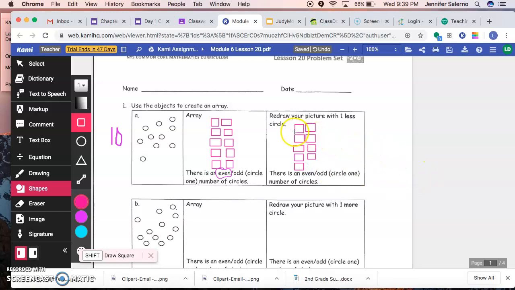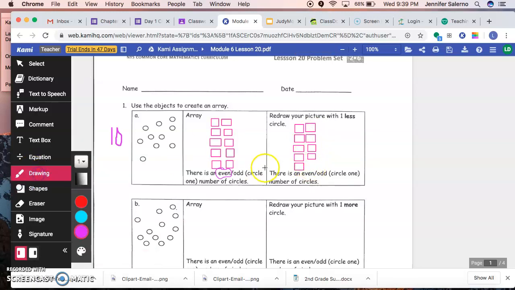So notice now 2, 4, 6, 8, 9. I had to take away 1 because it told me to draw with 1 less. Okay. So now looking at this, is this even or odd? Well, this is obviously going to now be odd because I do not have pairs for everyone. I'm missing 1, okay? So all I'm going to do here is, again, circle odd, okay? So that's what you have to do on this page, okay?